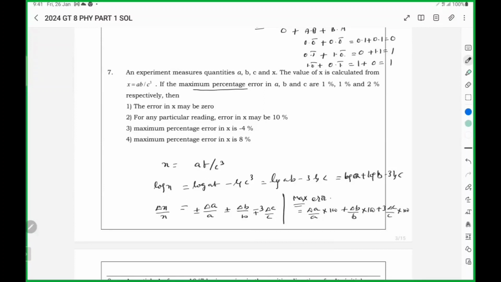He has given 1, 1, 2 percent, 1 percent, that is 8.